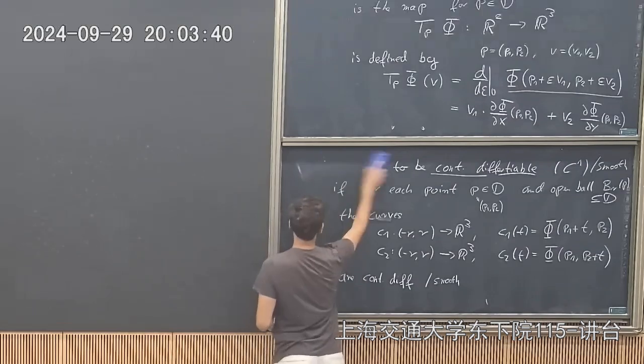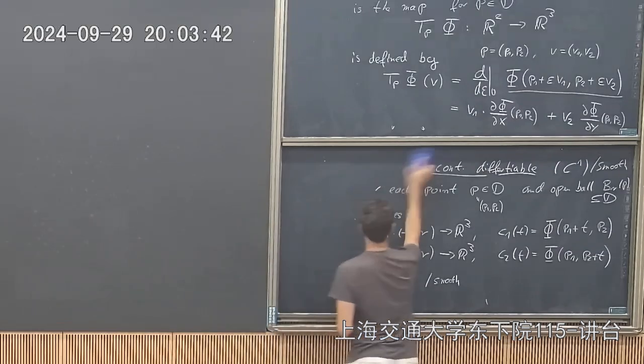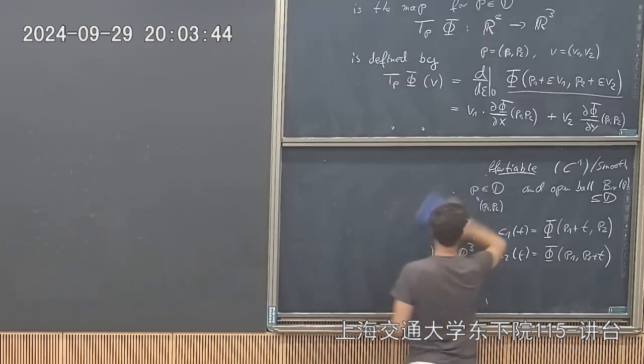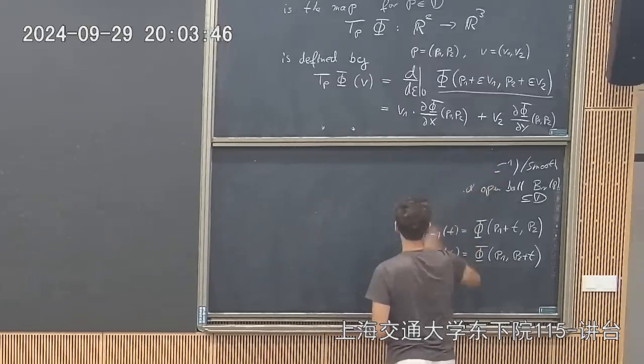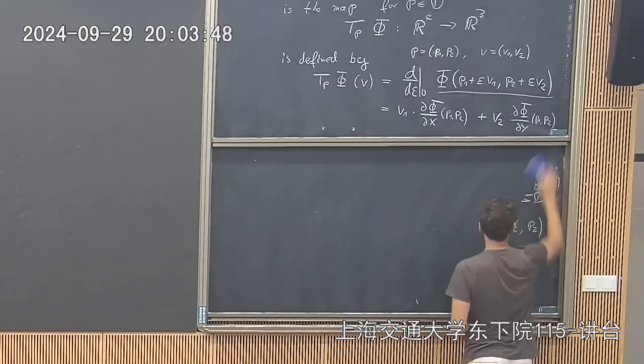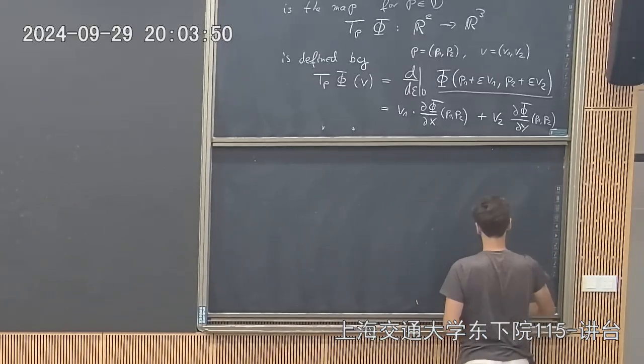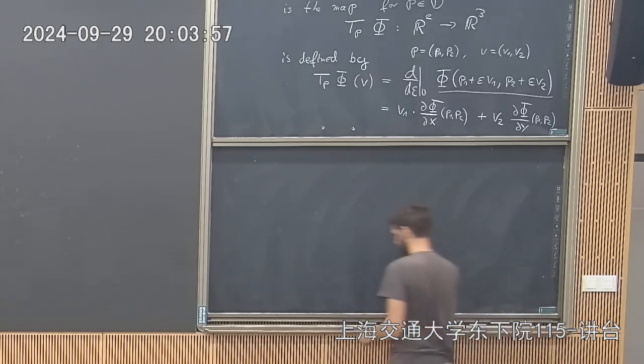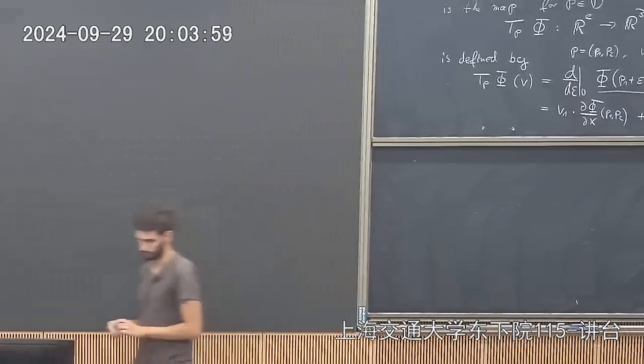And if you see something like that, then it's usually handy to write this as a dot product of something. As a matrix product.